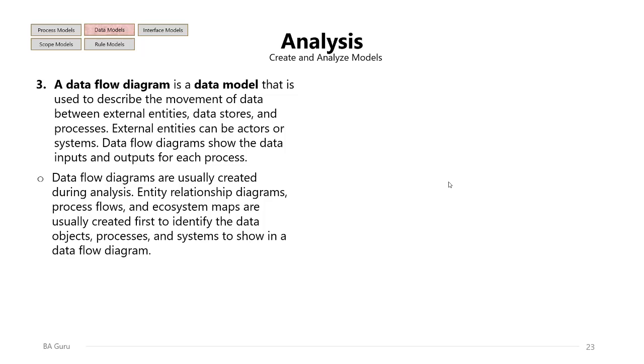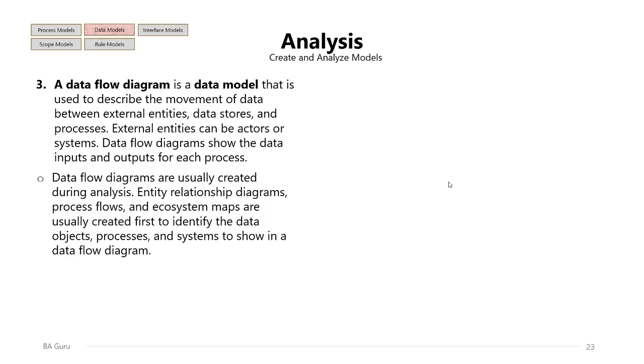Data flow diagrams are usually created during the analysis. Entity relationship diagrams, which we are going to cover later on, with the process flows and the ecosystem maps, these three types of models, are usually created first to identify the data objects, processes, and systems to show in a data flow diagram. This is a potential question for the PMI PBA exam. What is the best time to create the data flow diagram in your project?